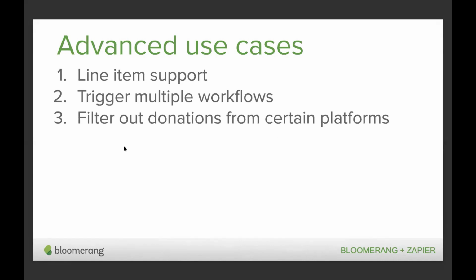So we really can do a lot to adjust that standard sync that we showcased today to match your organization's use case. As we mentioned earlier, the beauty of Zapier is that it's not one size fits all. We can really adjust that to meet your organization's needs, your use case, and how you need to code data in Bloomerang.